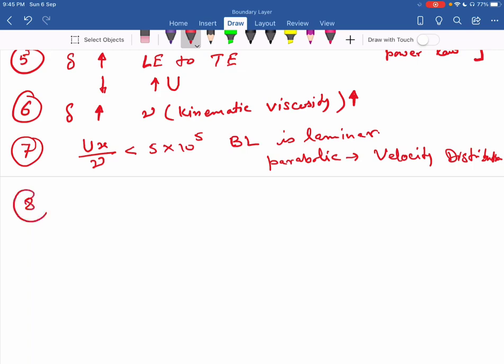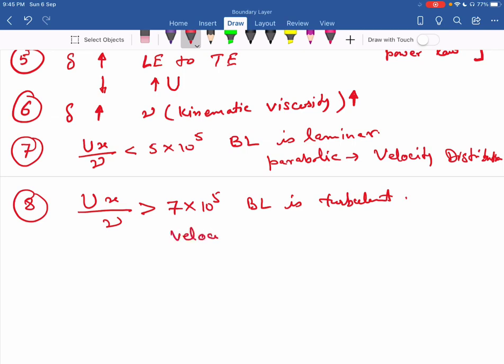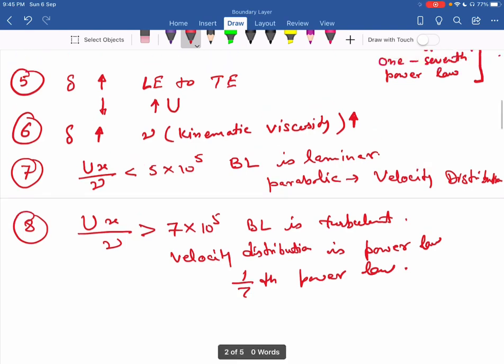If this factor is greater than 7 into 10 raised to power 5, the boundary layer is turbulent, and the velocity distribution is given by the power law, that is the 1/7th power law. So these are some important characteristics of the boundary layer.